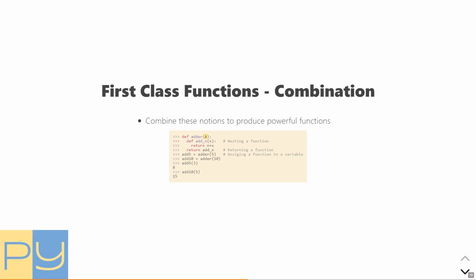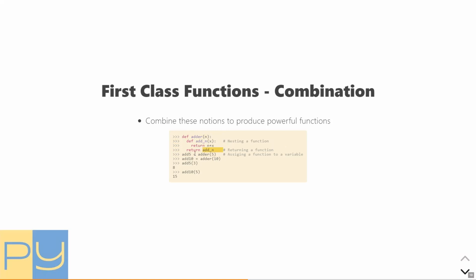For example, we can call adder on 7, and that'll let us define an add7 function. We can call adder on 20, and that'll let us define an add20 function. The code is actually very similar. I'm just changing up some of the variable names to make this more obvious. We have a function, we define another function that simply adds the numbers, and we return the inner function.